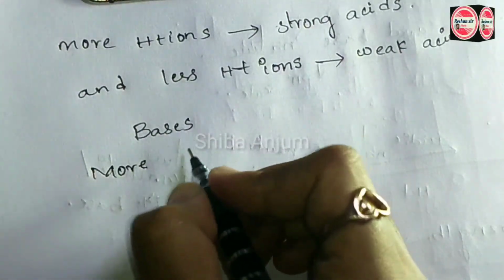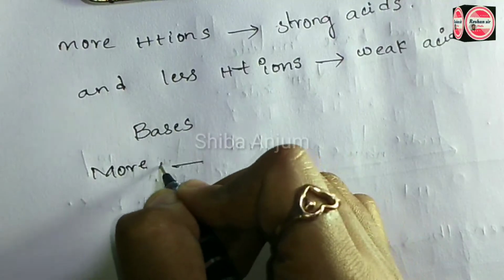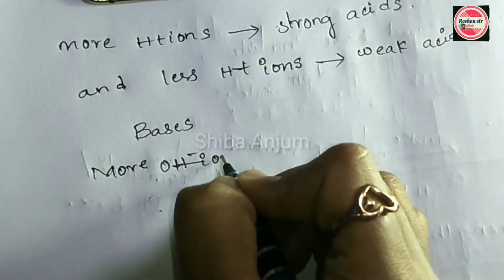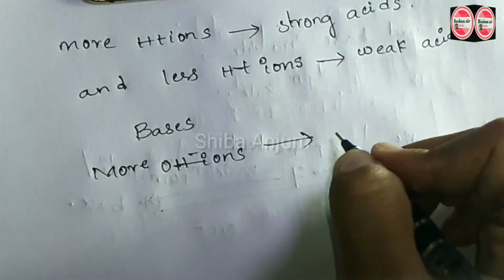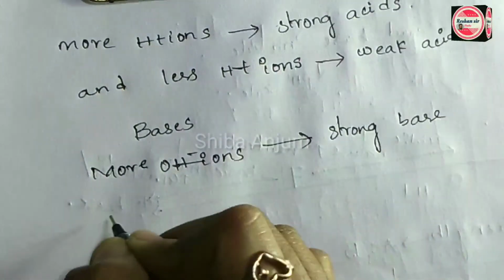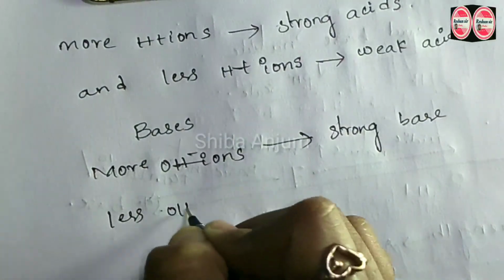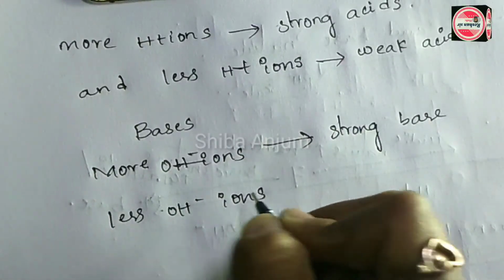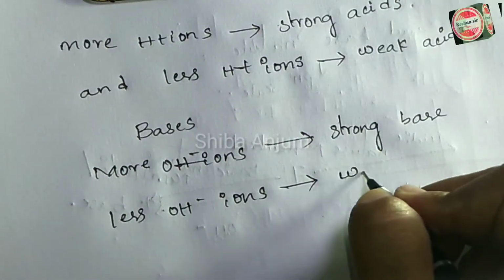More OH minus ions, strong base, and fewer OH minus ions is known as weak base.